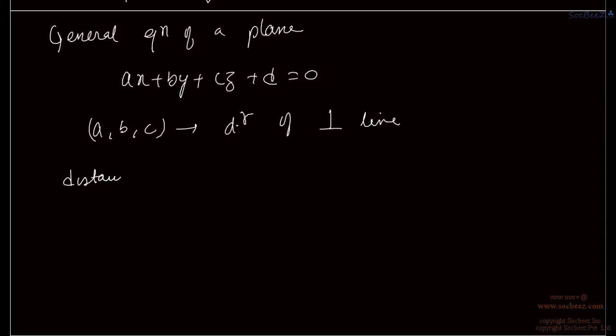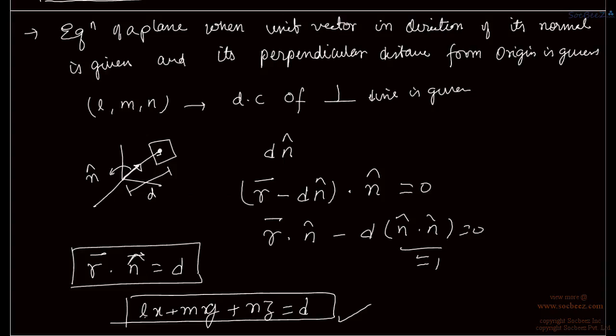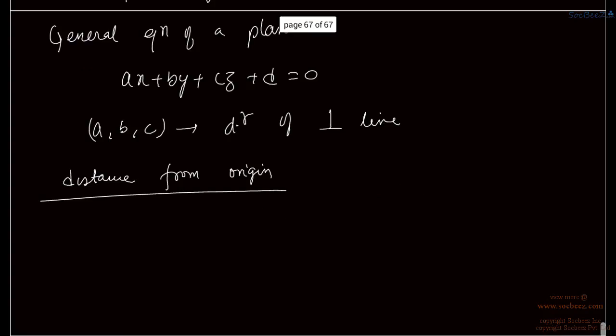And if we want to find the distance from the origin, then we have to convert the direction ratios into direction cosines, right? Because here we have seen that if l, m, n are direction cosines, then d will give the distance of the plane from the origin.